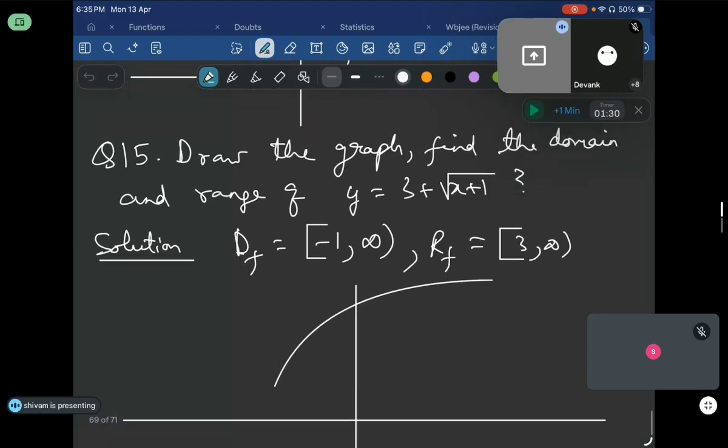So last day we had done up to the graph, domain and range of y equal to 3 plus root over x plus 1. Let us start.